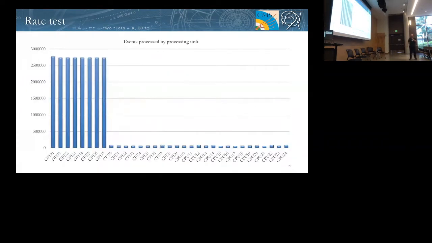So, rate test. At the end of the hour of test, we measured how many events we processed on each core. So these are the 8 GPUs, these are the 24 CPUs.